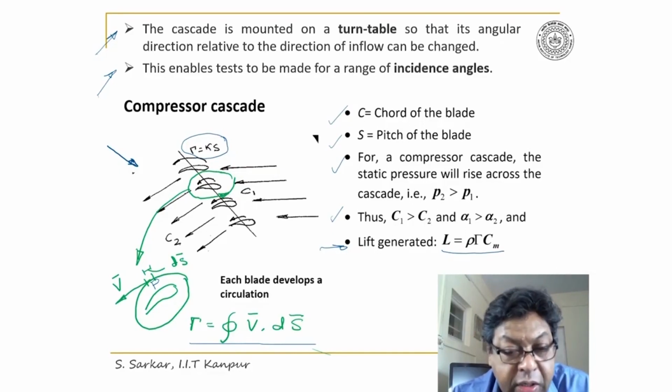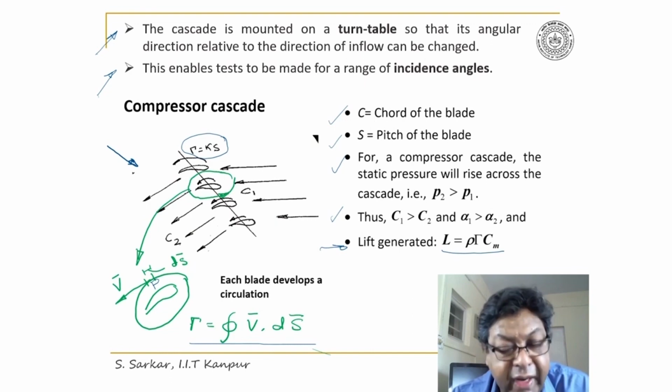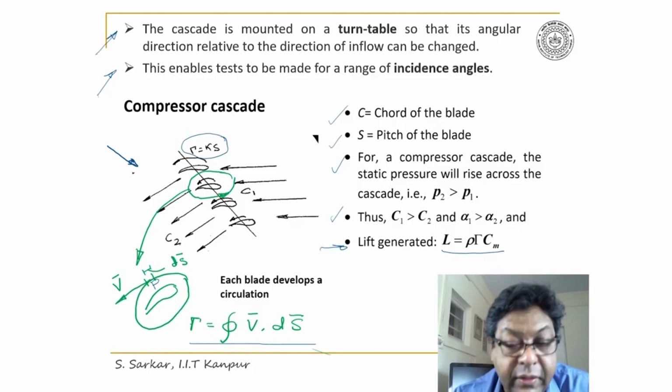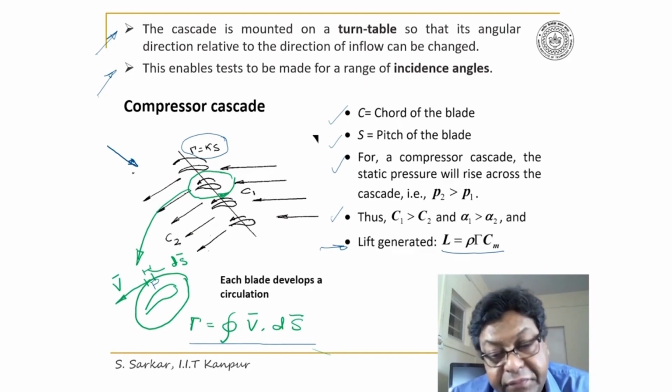I have considered at a point P on the circuit an elemental line segment ds, and V as the velocity vector. If we carry out the operation V dot ds and perform a cyclic integral, we'll get gamma.